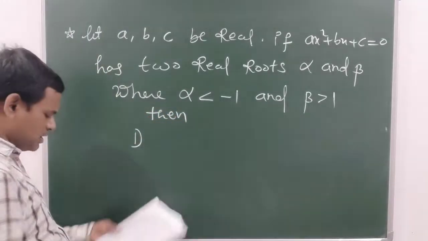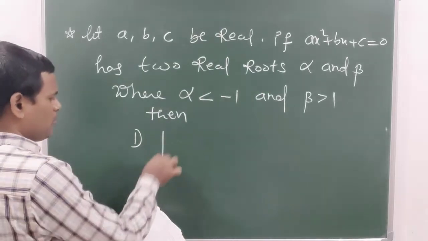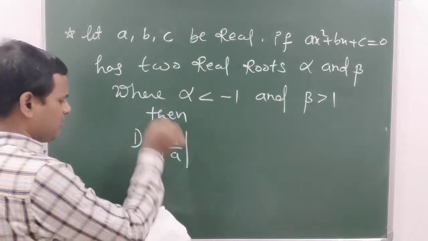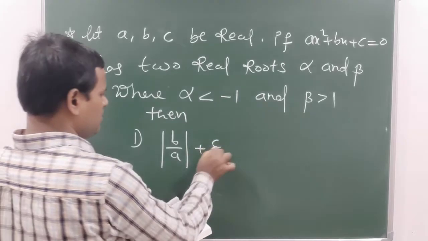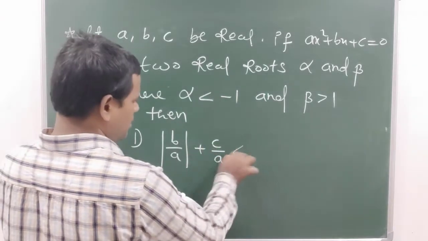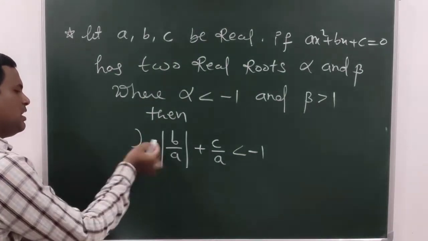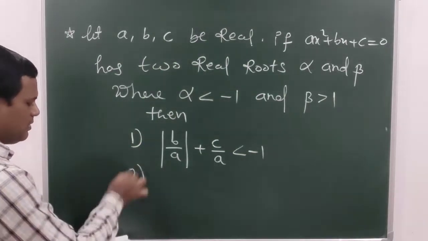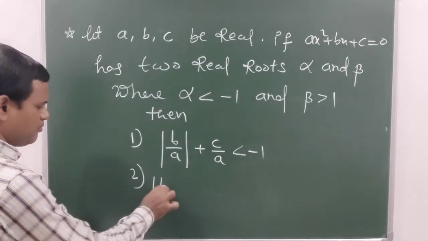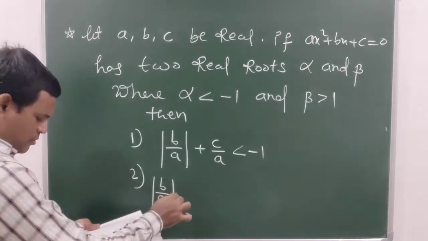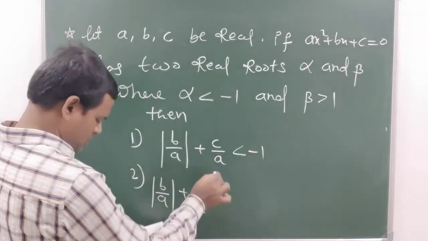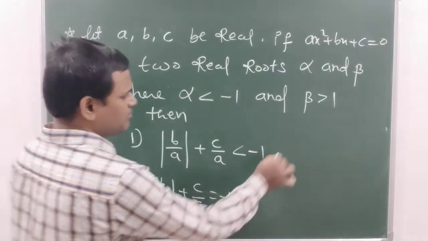See the first option: mod of b by a plus c by a smaller than -1. Let us name the options a, b, c, otherwise you can take 1, 2, 3. The second option: mod of b by a plus c by a is equal to -1.